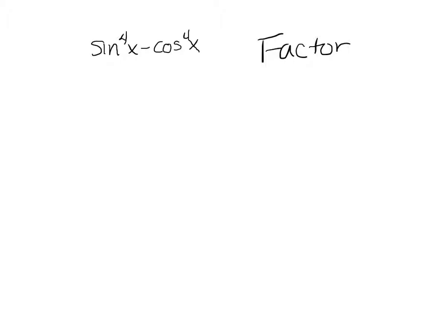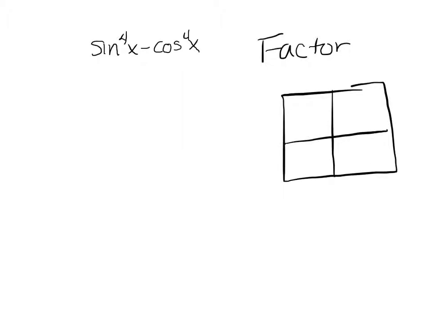So what we're going to do, if you look at this, you'll notice that this is something squared minus something else squared. This is going to be one of those special factoring ones where they cancel things out. So I'm going to put sine to the 4th here and cosine to the 4th here with a negative. Because there's nothing in these two, we need them to cancel out.